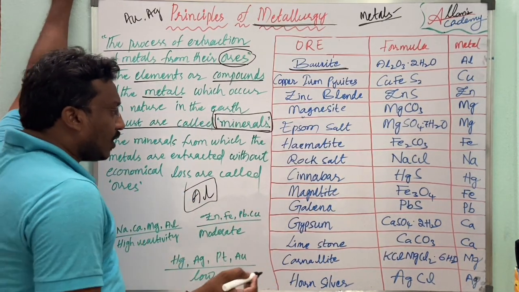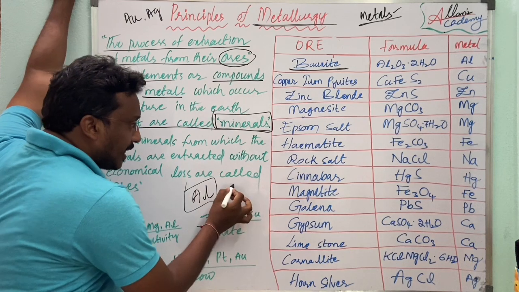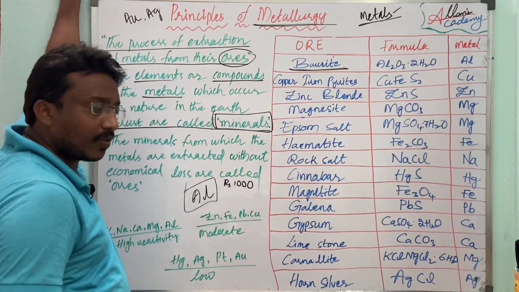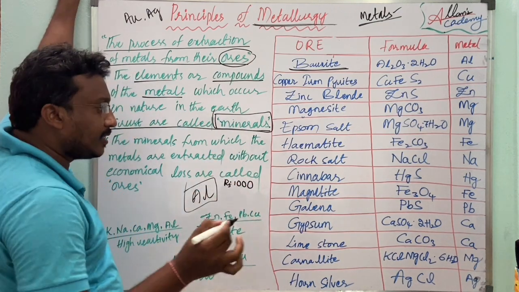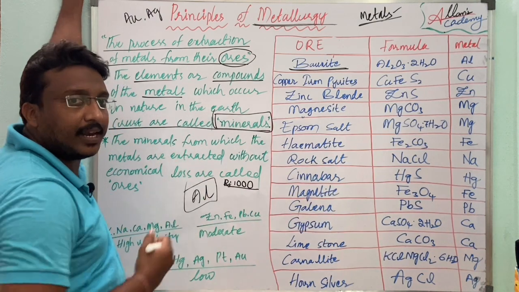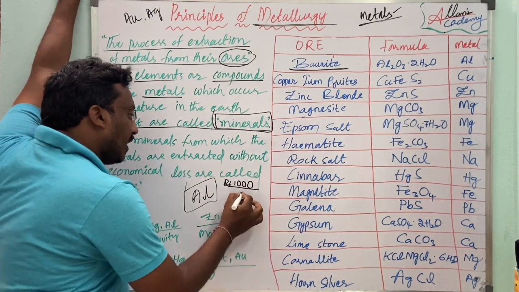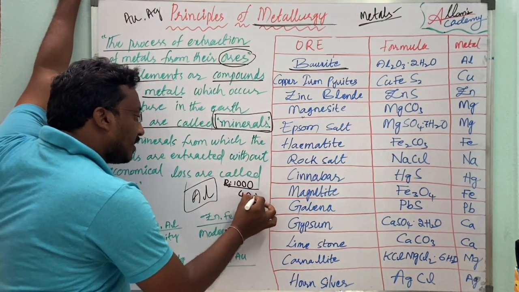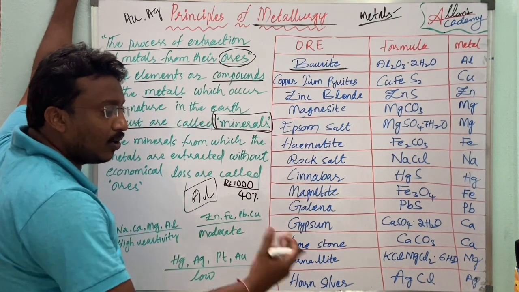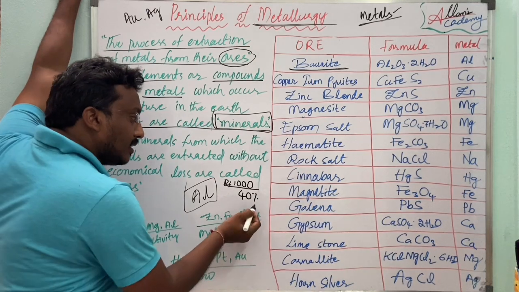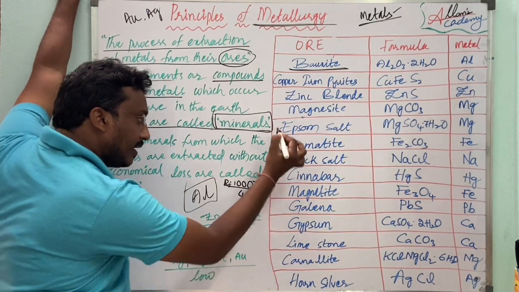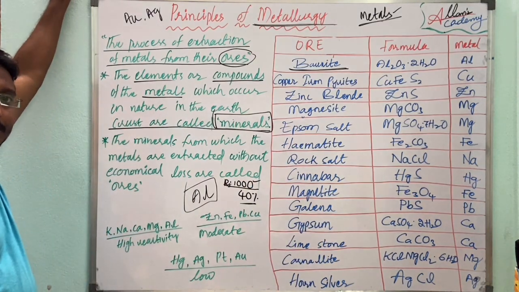Suppose we spend 1,000 rupees to collect aluminum from one mineral. There I get only 40% of the aluminum when I spend 1,000 rupees.